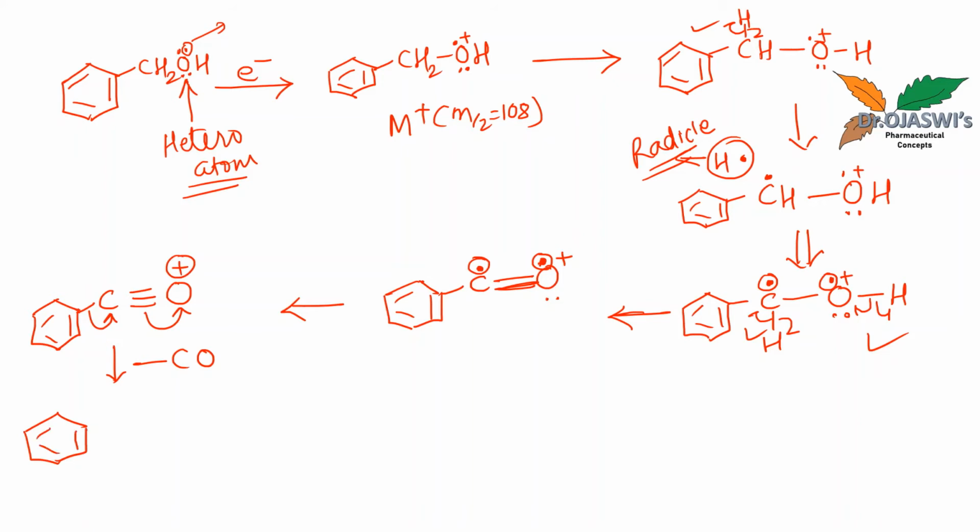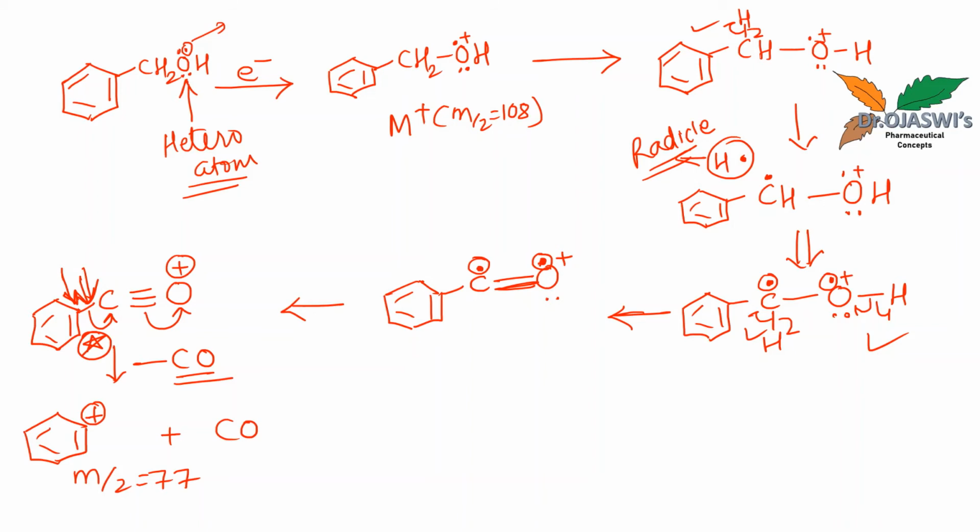From this place the heterolytic cleavage has happened, meaning from this bond both the electrons are going to the carbon, and again those electrons are going to the oxygen, and CO is removed as a neutral molecule, so a charge will be at this carbon. Let me show this neutral molecule here. The m/z value of this fragment ion is 77.